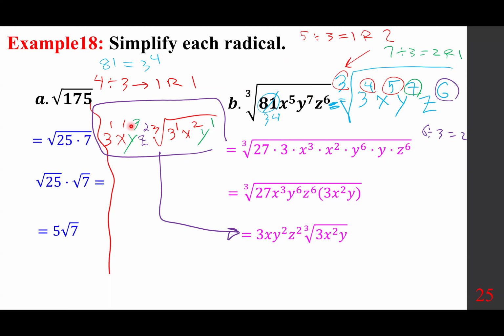The quotient comes out, the remainder remains inside. And if any of them is smaller than that, you just don't touch it. Because if it's smaller than the index, it simply remains. So pretty straightforward, everybody.